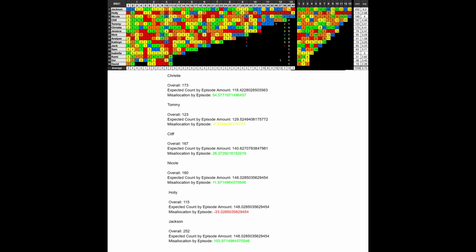Cliff got 167 diary rooms, and his expected count by episode amount is 140.62, causing for a 26.37 misallocation amount. Nicole got 160 diary rooms, and her expected count by episode amount is 148.02, causing for a misallocation amount of 11.97.